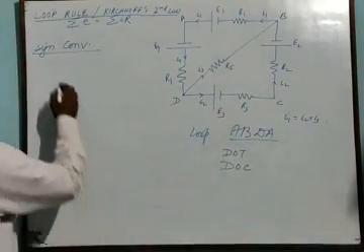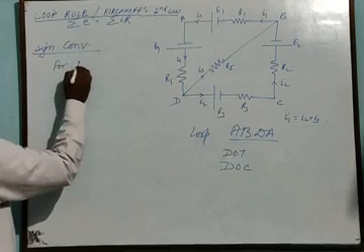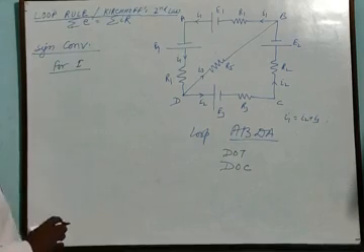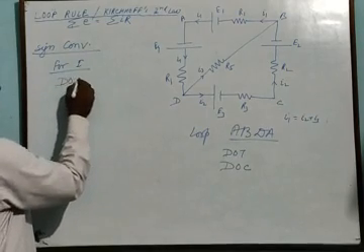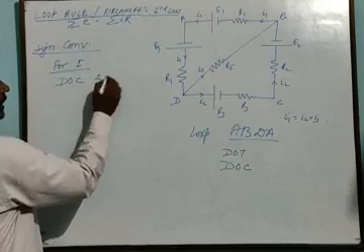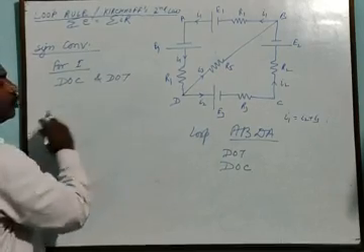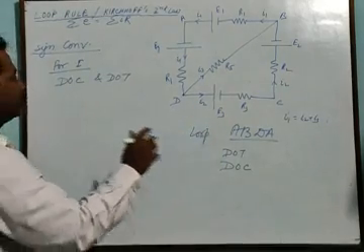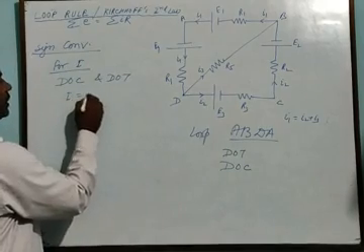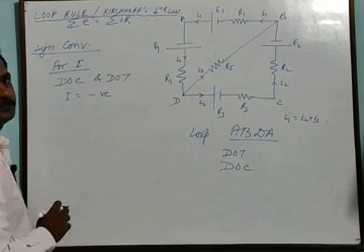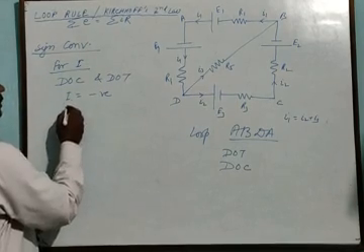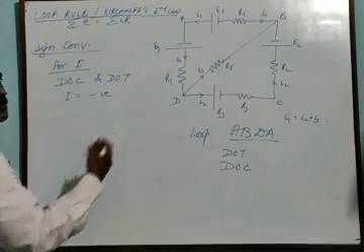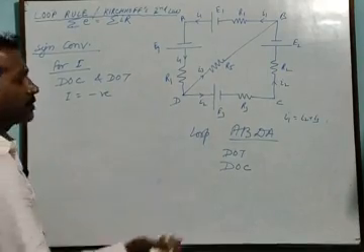For current, if the direction of current and direction of traveling both are the same, then I will be taken as negative. Right? If they are opposite to each other, you can take positive.